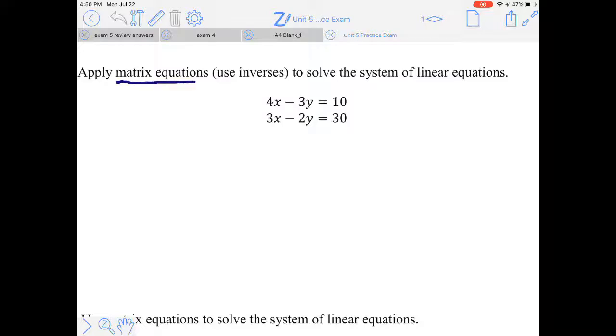All right, so your matrix equation would be a matrix with just the coefficients, like that. And then you have a matrix with your variables.